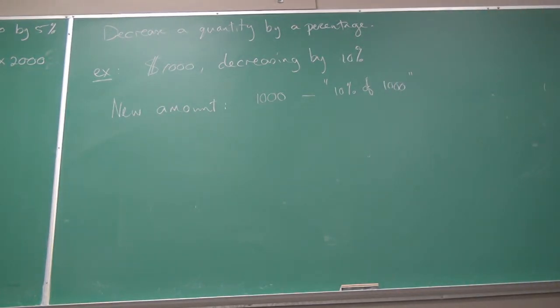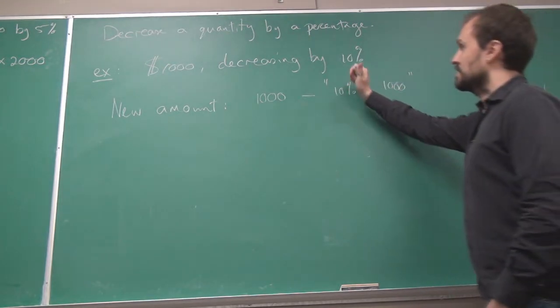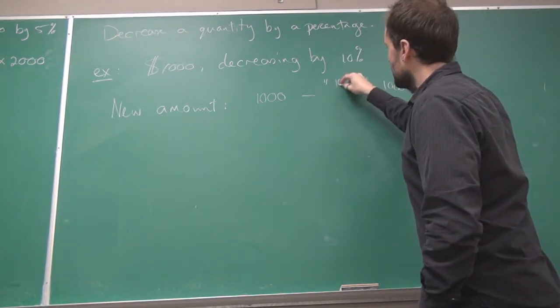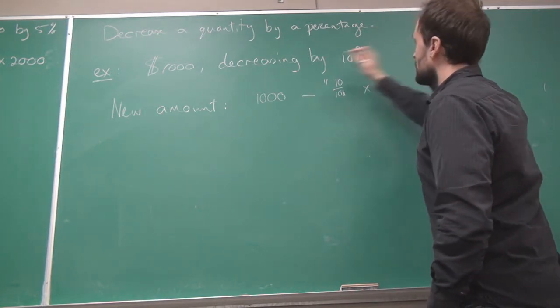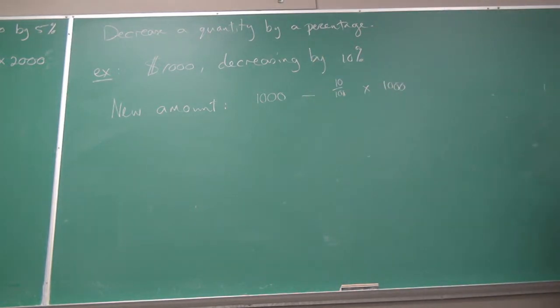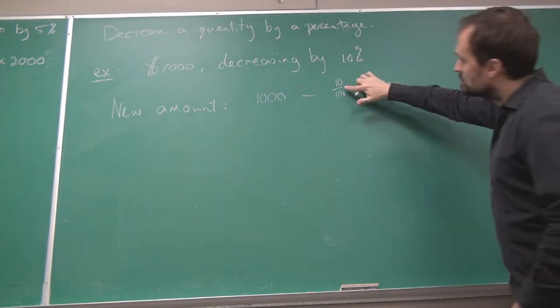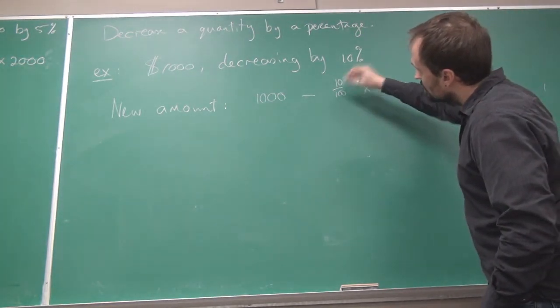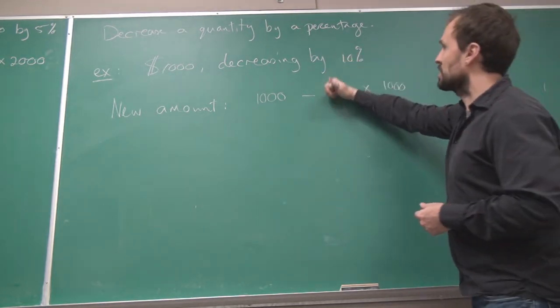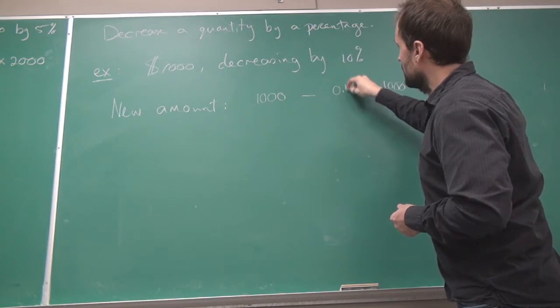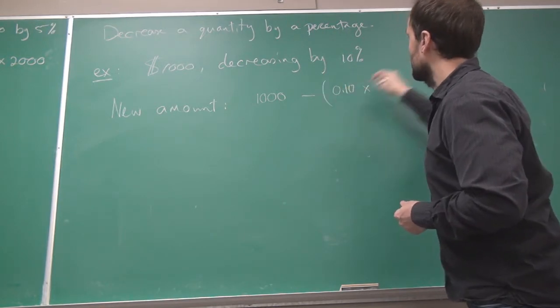Well, percentage of a number is the fraction version times the number. That is a very weird zero there. Now the fraction's not as nice to work with, so we're going to instead look at the decimal version.